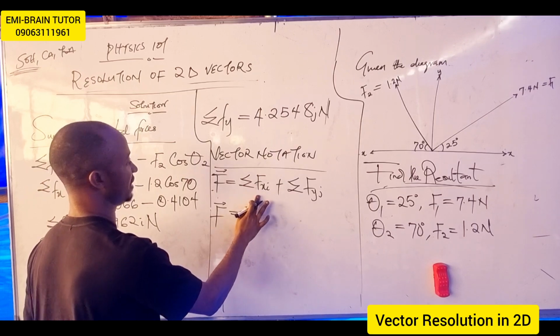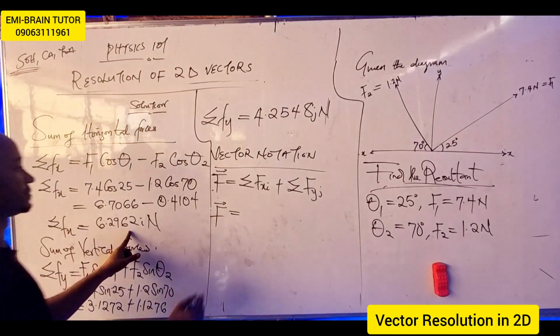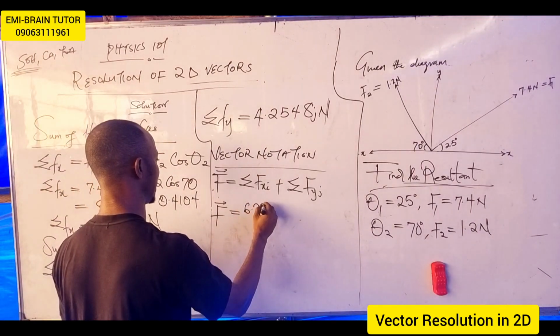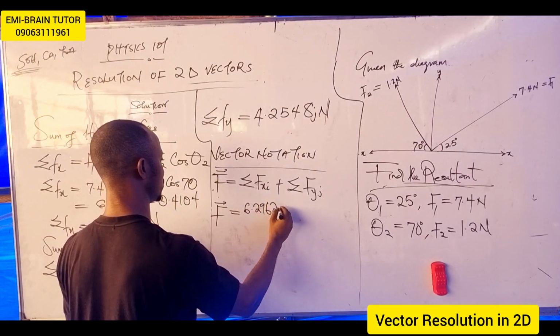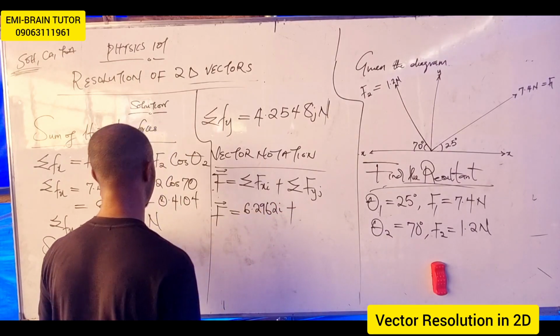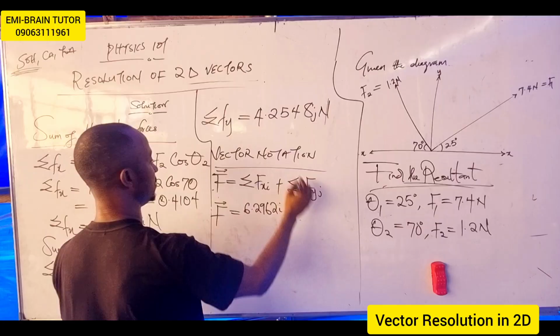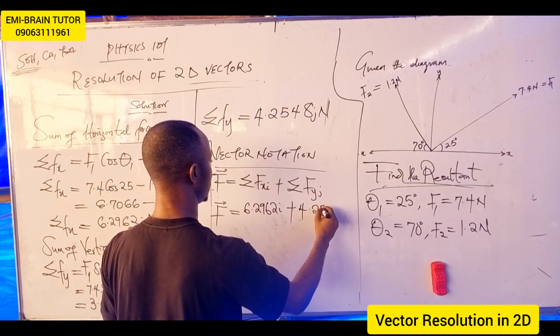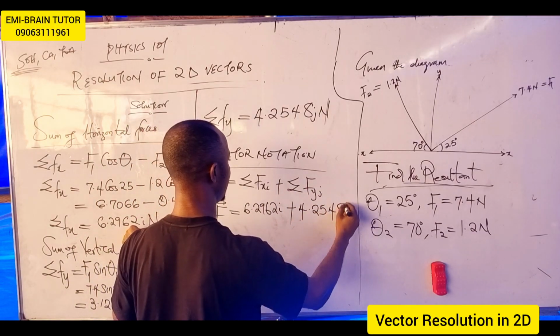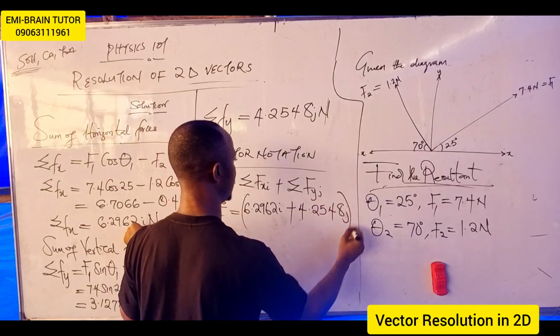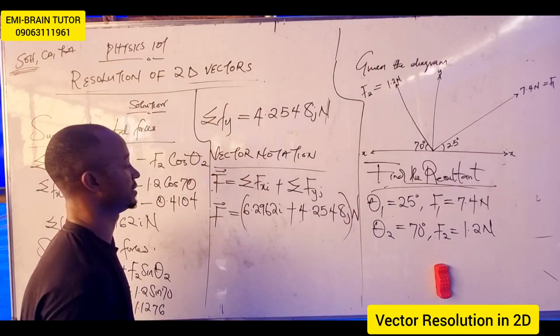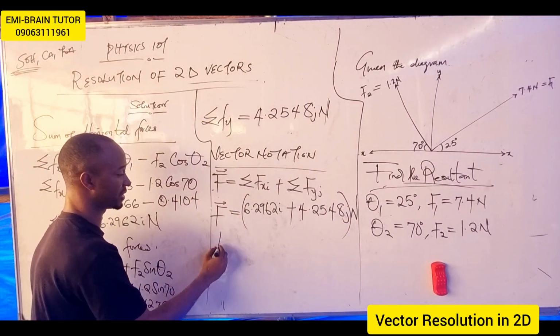What do you have here as the sum of Fx? 6.2962 i plus what do you have for Fy? 4.2548 j, all in Newton.